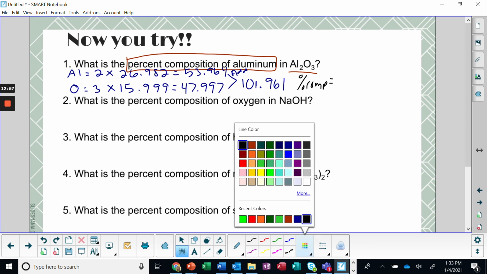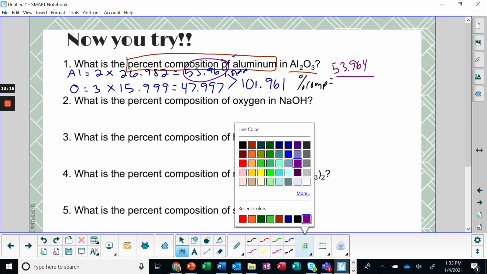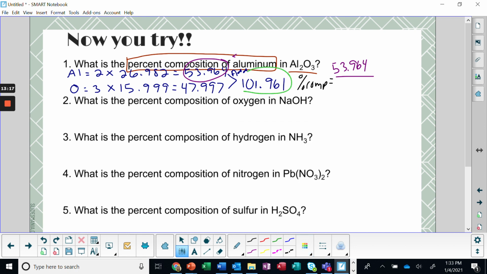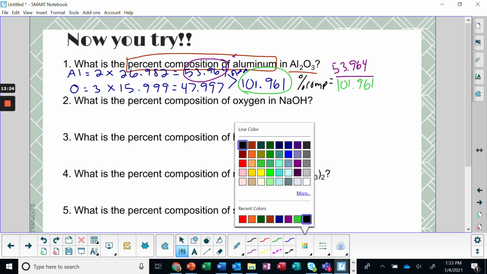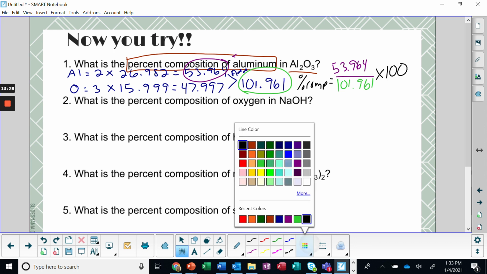We're going to take the mass of the element that they're asking us about, which is aluminum. So that's this guy. Divided by the mass of the whole compound. Times 100.